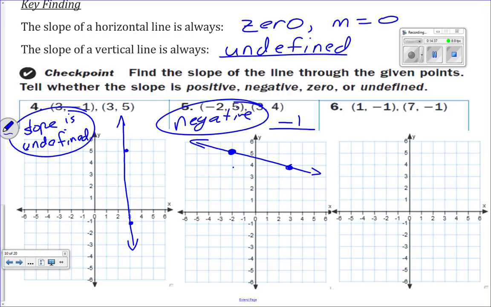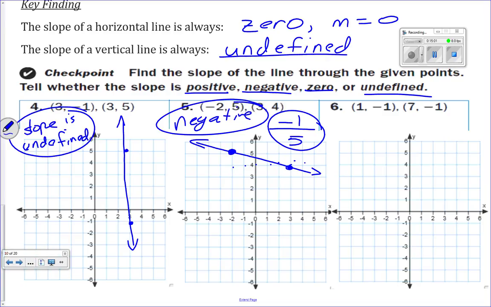I don't even have to know what the slope is. All I had to say was whether it's positive, negative, 0, or undefined. If the line's going down, it's going to be negative. So I went down 1, then we went over, let's see, it was a -2, so 1, 2, 3, 4, 5. Oops, 5. -1 over 5.